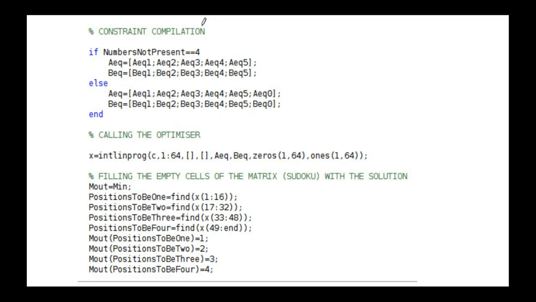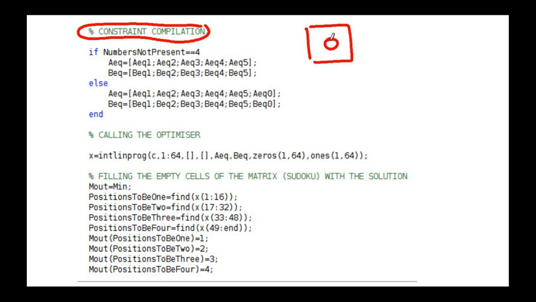Finally, I do the constraint compilation. First of all, if numbers not present in the original matrix are equal to 4, so it's empty, there is no need to force any number at the beginning.